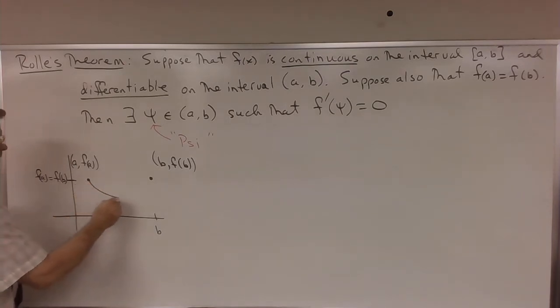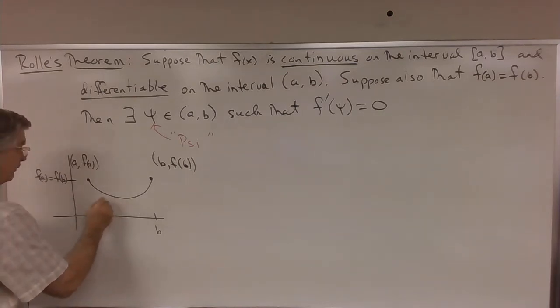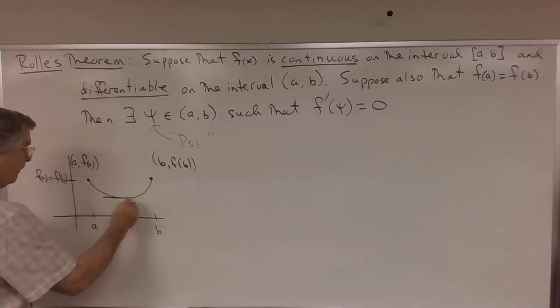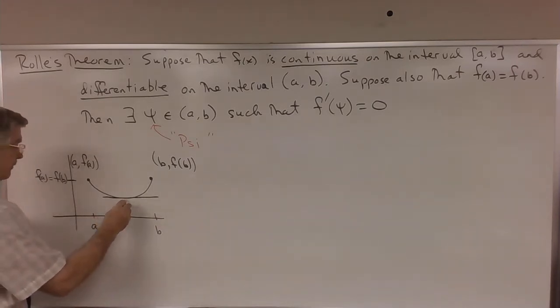And somewhere in between, the theorem says that there's a value of x where the derivative is 0. In other words, we have a horizontal tangent.